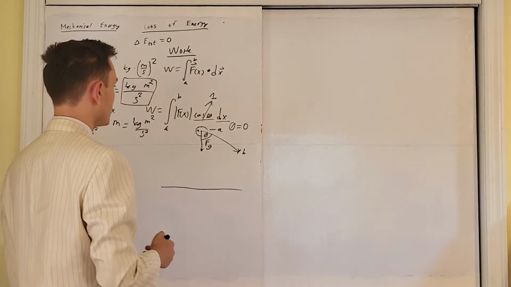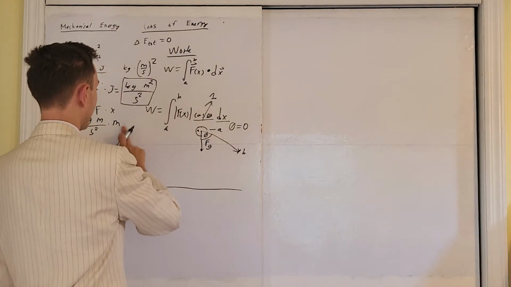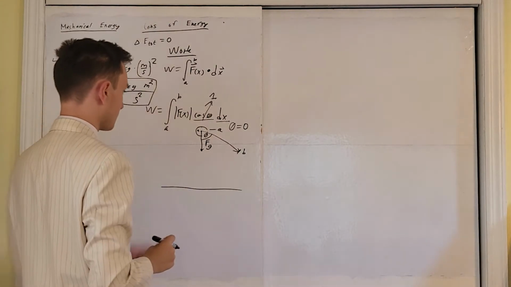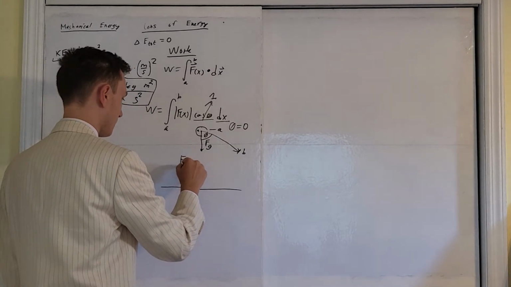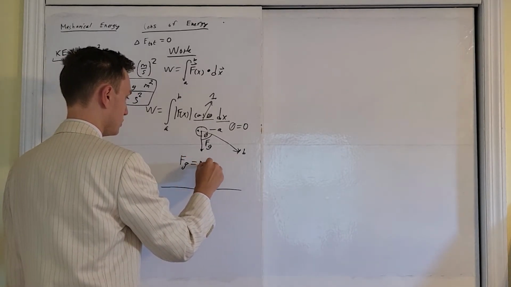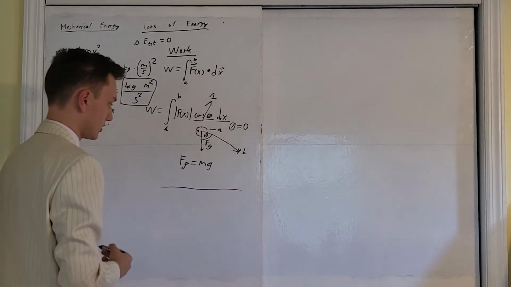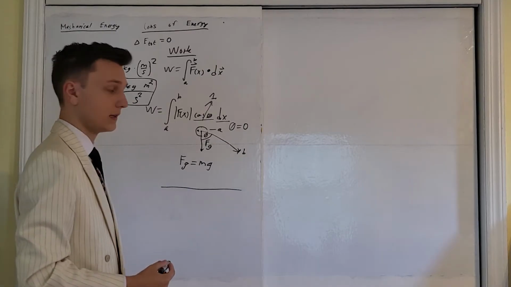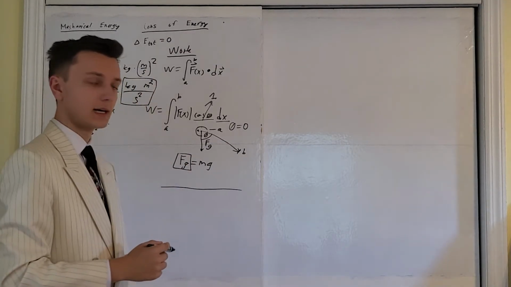What can we interpret the work as meaning, okay? What does the work actually mean in this particular scenario? So let's stick with this example. Recall that the force of gravity near Earth's surface is just mg, okay? Our gravitational constant g is a constant, so it's not changing, and the mass of our ball is not changing. Therefore, the force of gravity, F sub g, is a constant.